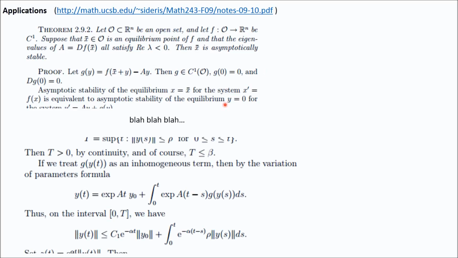And I just wanted to point out that the proof of this theorem uses variation of parameters to get a formula for something that it needed a formula for. So it's talking about inhomogeneous differential equations and using variation of parameters to solve them. So variation of parameters can be used in some theoretical contexts, is my point.